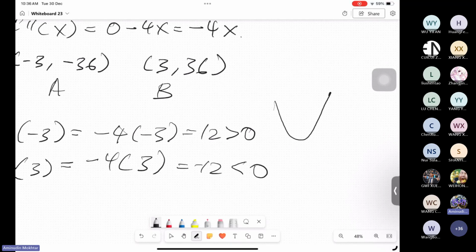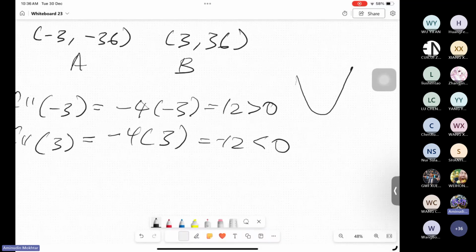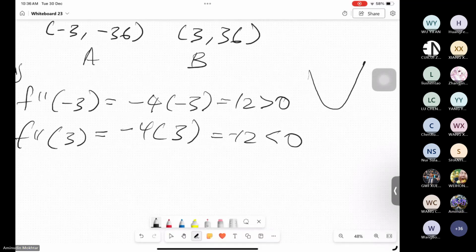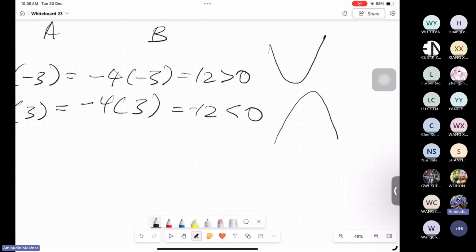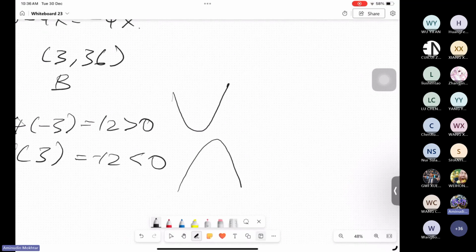At the critical point of 3, the second derivative is negative, so the graph is concave down. Concave up means there is a minimum point. x equal to negative 3 is a minimum relative point.